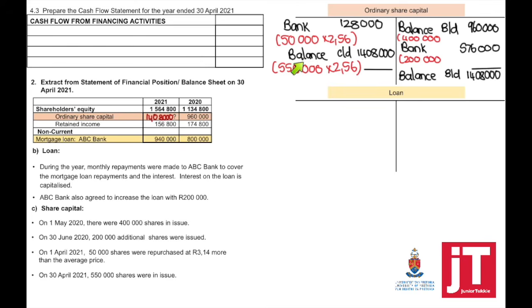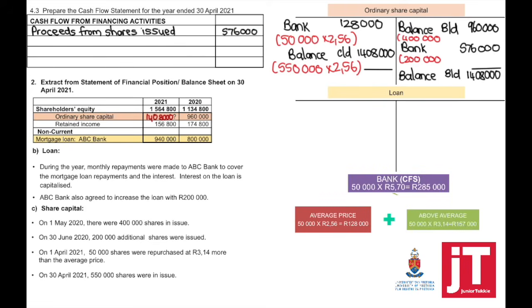Now we can immediately say 50,000 times the average price. As soon as we show that figure, we can calculate the balancing figure, the issuing of shares, by taking the debit side minus the credit side, the balance of 960,000.